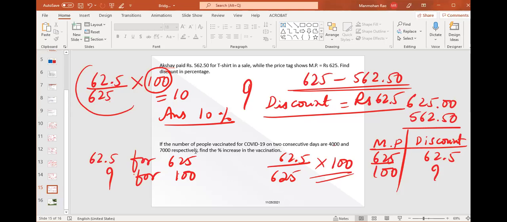How much is the difference? 7,000 minus 4,000 is 3,000. 3,000 people extra are vaccinated from one day to another. What is the percentage? If it is 100, how much is the increase? How much per 100? That you have to calculate. That is left to you as one problem.